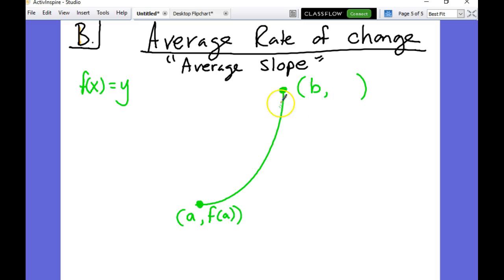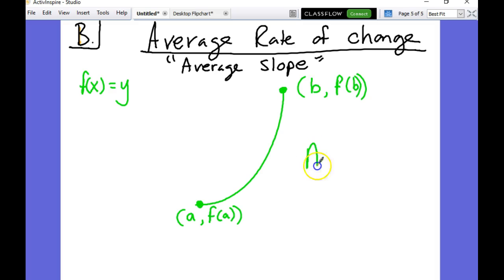Let's say that this x value was b. What would this y value be? F of b. Do you guys remember the slope formula? y2 minus y1 over x2 minus x1. Instead of using y2 minus y1, I'm going to use these though, okay?